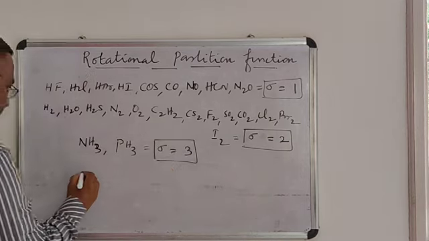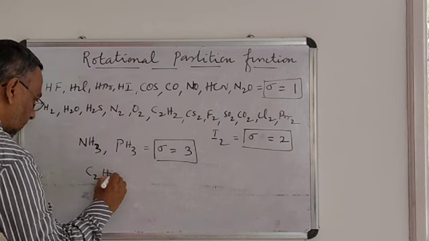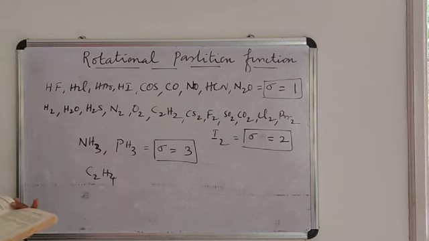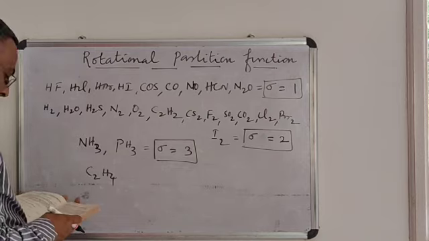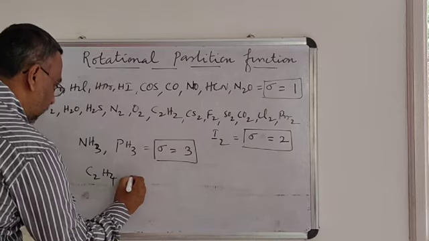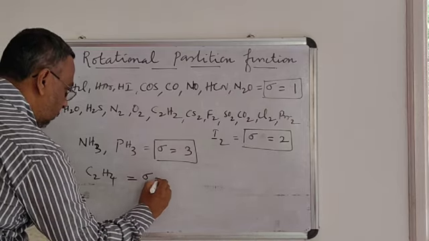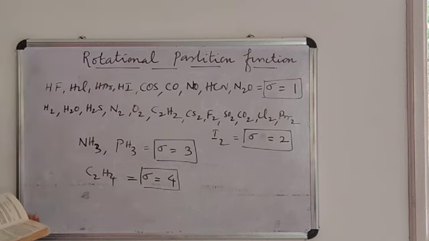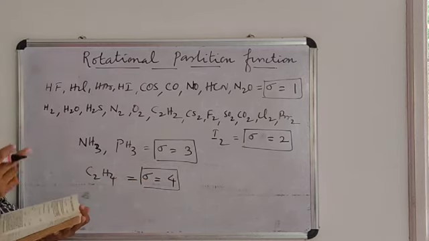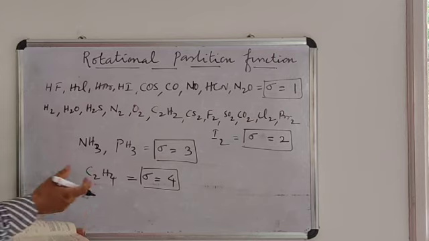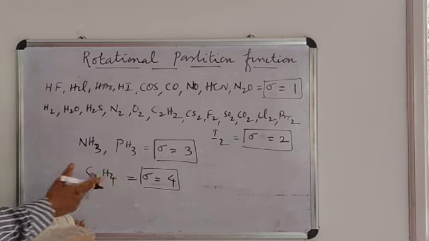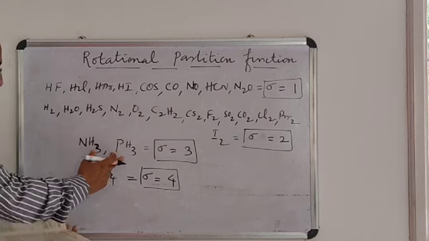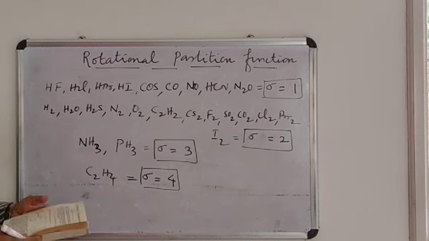For C2H4, okay, ethylene molecule, the sigma value will be equal to 4 because it gives 4 times for every 360-degree rotation. It gives indistinguishable orientations 4 times. Okay.